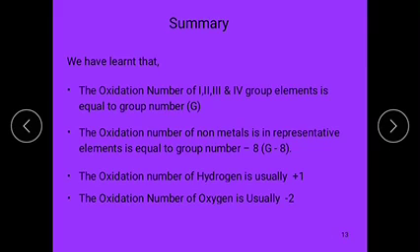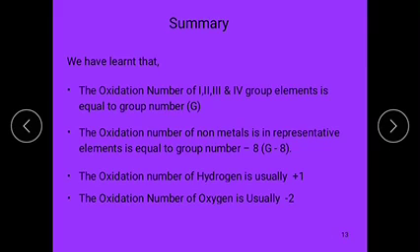The fluorine oxidation number is always taken as -1, because it is a more electronegative element.